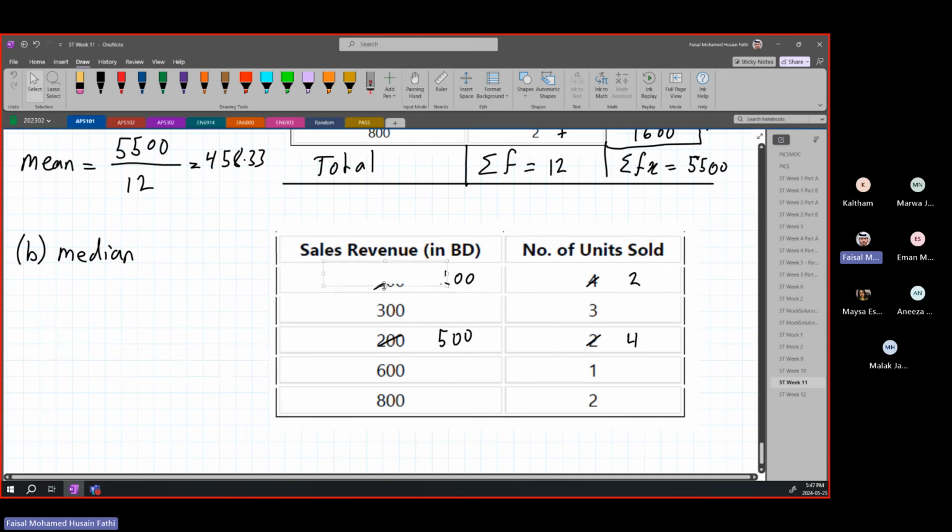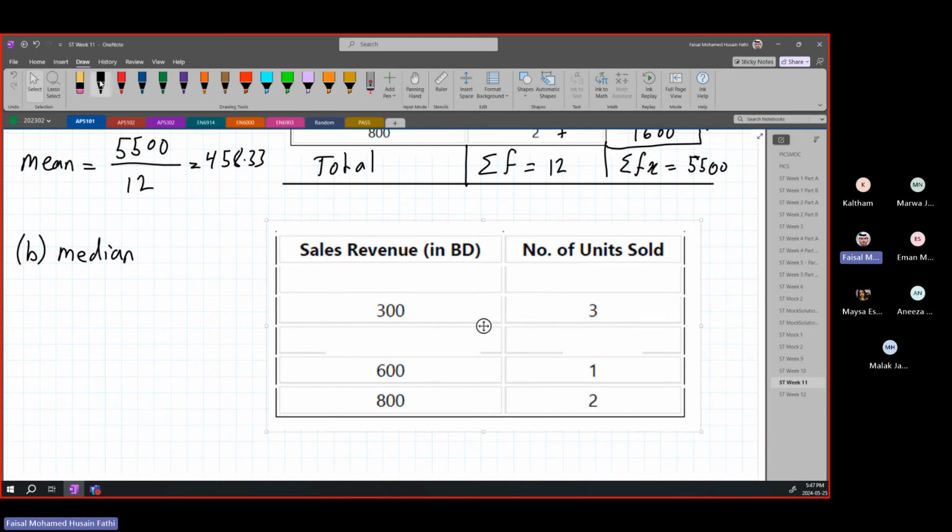So if I just lock this value over here, and the value over here, and the value over here.